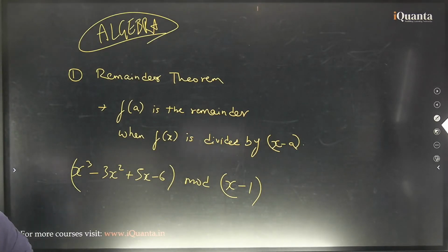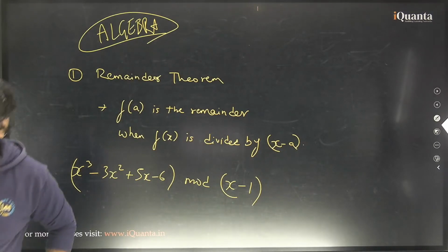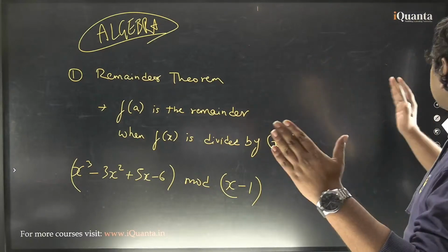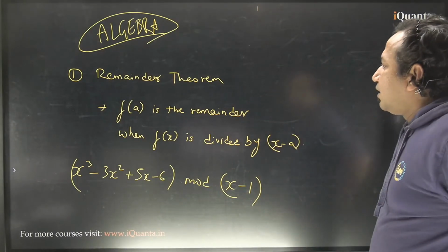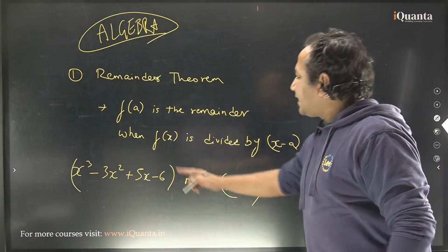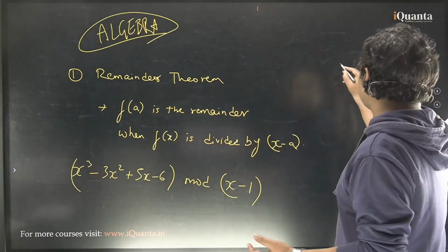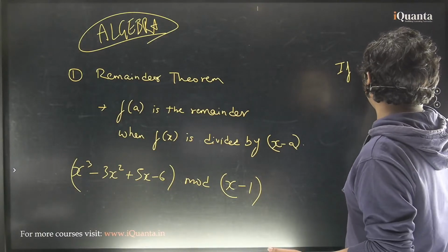Okay. So what is the remainder here? We just have to put 1 in place of x and we'll get the answer. I think we have done this in the class, but it's for the last few things which are very important. In case f(a) is equal to 0, then what happens?